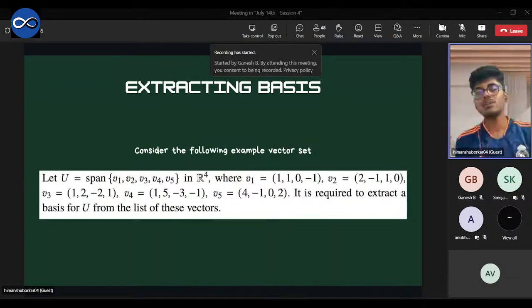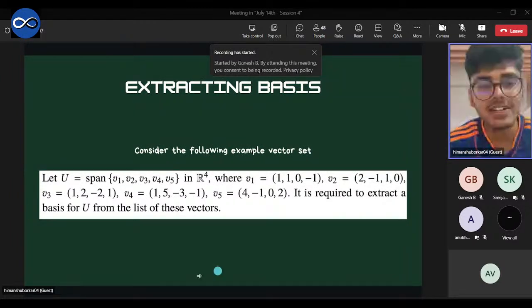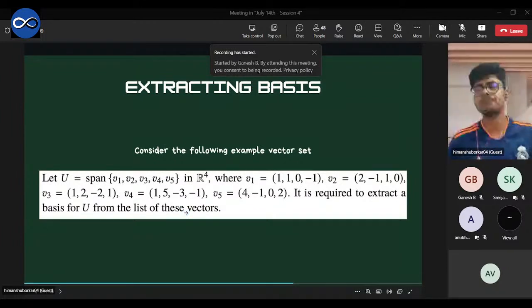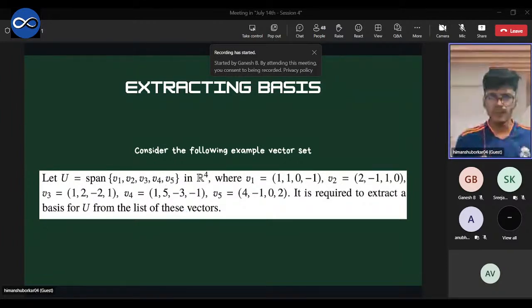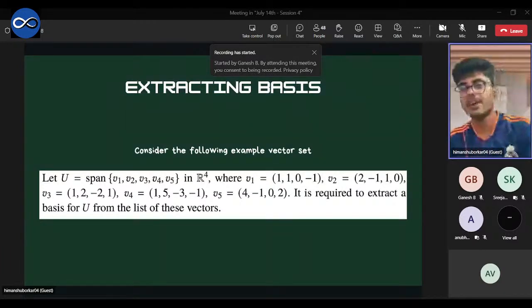I will consider an example. Let's say we have U, which spans V1, V2, V3, V4, and V5 in four-dimensional real space. What it means is that all these vectors have four coordinates. V1 is given as that, V2 as that, V3 as that, V4 as that, and V5 as that.